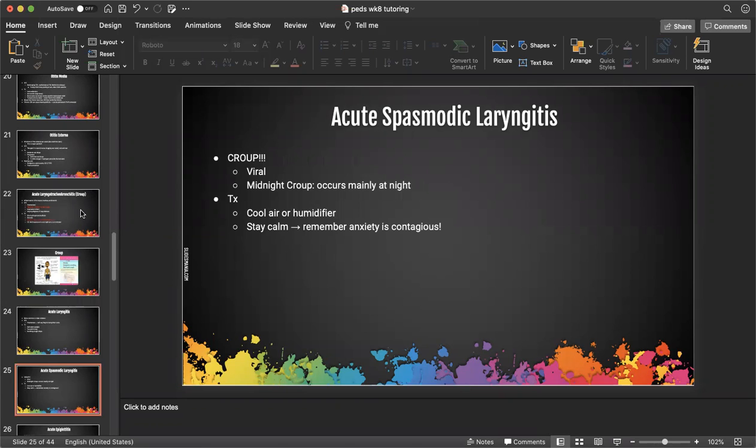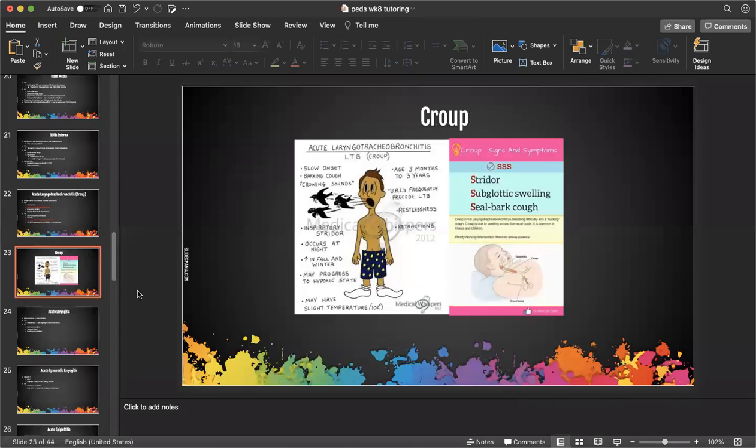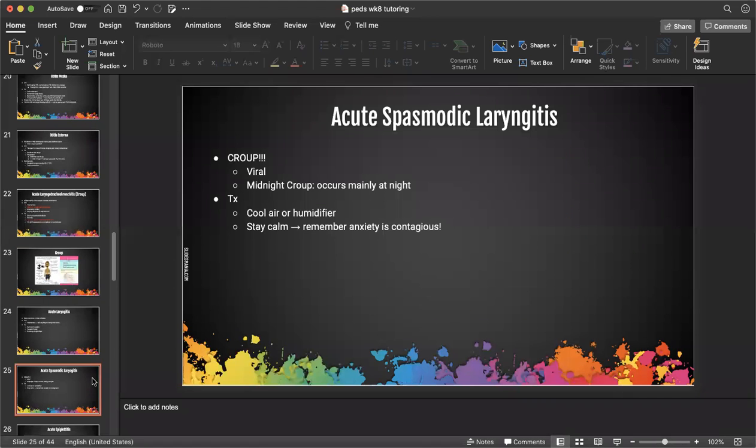I feel like that was kind of confusing because I said acute laryngotracheobronchitis occurs at night, and then acute spasmodic laryngitis also occurs at night. So if she didn't specify anything about acute spasmodic laryngitis during lecture, you can kind of disregard it. I just included it because it was on my review, just in case.